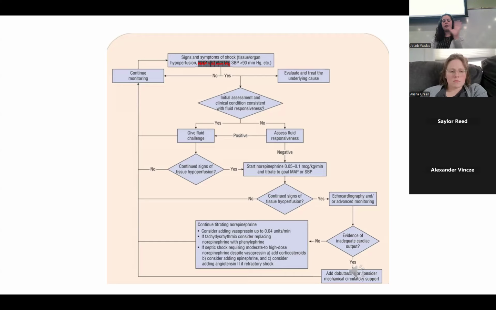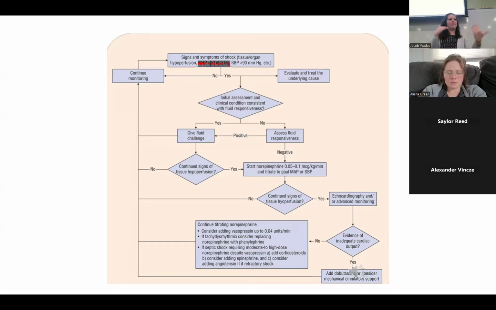Then after that, we can look at different things like evidence for inadequate cardiac output, considering stuff like the echo to see if there is something actually going on within the heart. So it's like ruling out different components. It's nothing different than what we've been talking about.